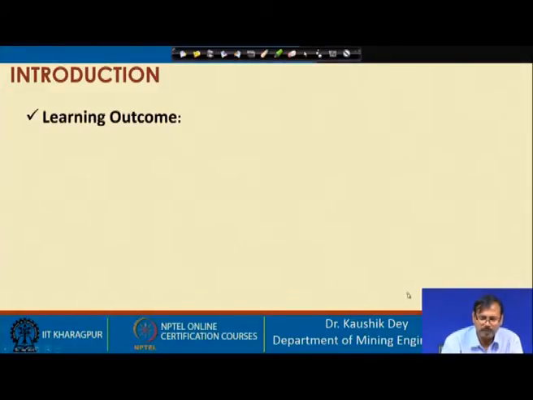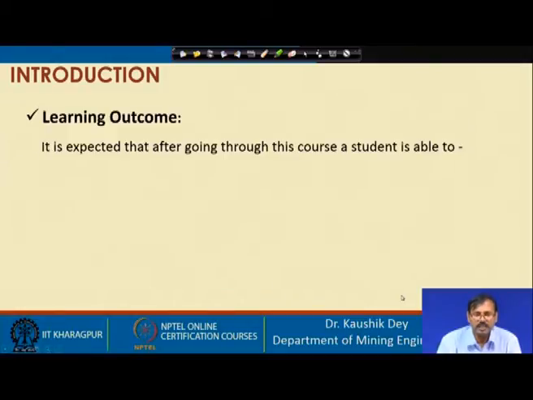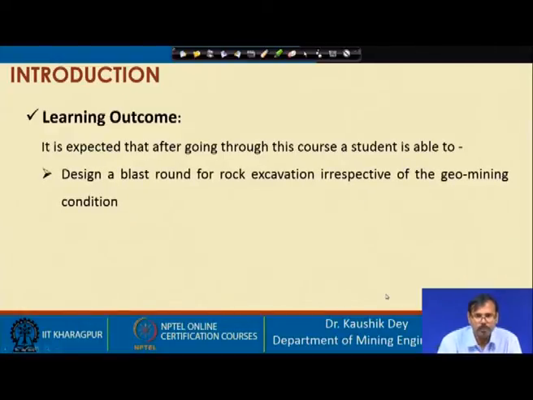So, what is the expectation? My expectation is that if a student is appearing in this course and studying it well, he must be able to design a blast round for rock excavation, irrespective of the geomining condition. It may be strong rock, it may be weak rock, it may be the underground case, it may be the surface case, it may be a surface case where the inhabitants are very close. We do not want the rock to fly to their houses.